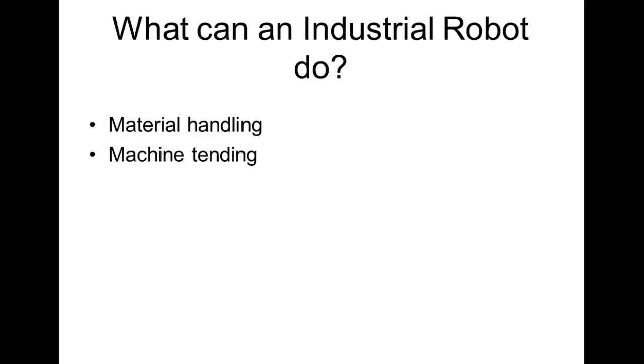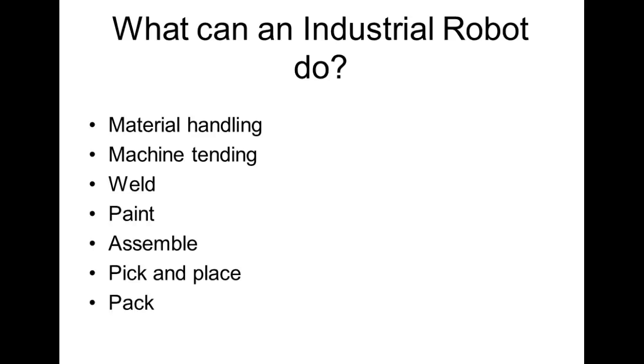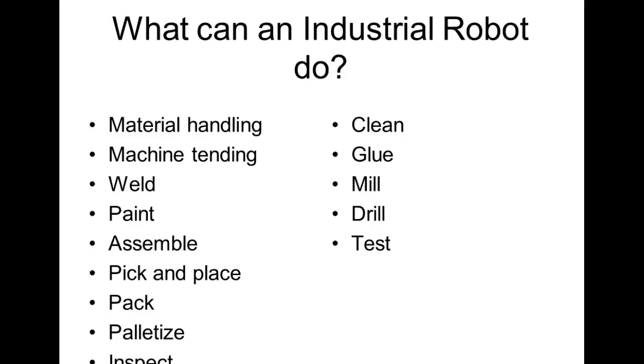Material handling, machine tending, they can weld, they can paint, they can assemble, they can pick and place, they can pack stuff, they can palletize stuff, they can clean, they can glue, they can mill, they can drill, they can test, they can cut, they can grind, and the list could keep going on and on. These guys are programmable manipulators.